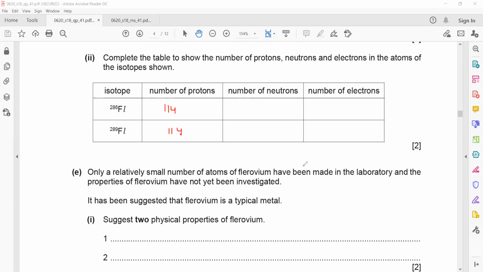How many neutrons for this one? 172, that's right. When complete, because both are atoms, that's right, because they are neutral atoms, that is why they have an equal number of protons and electrons.